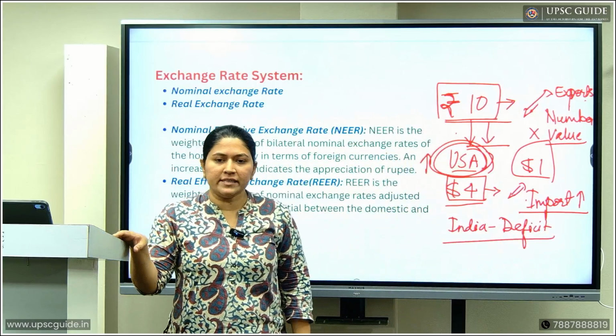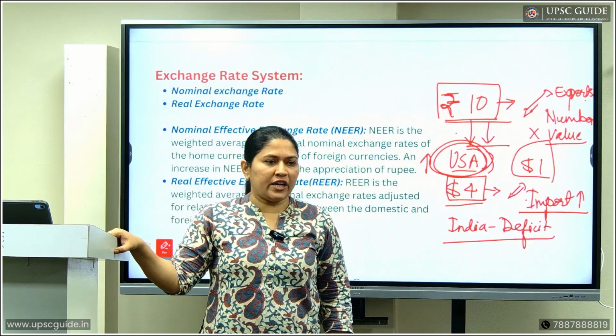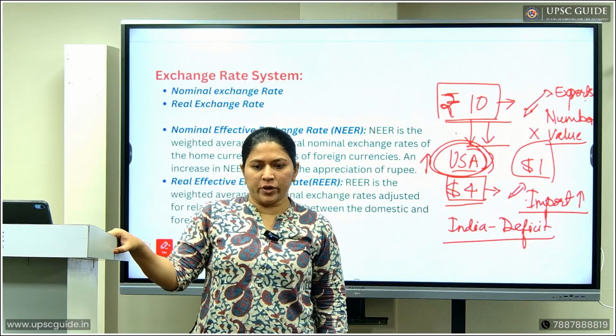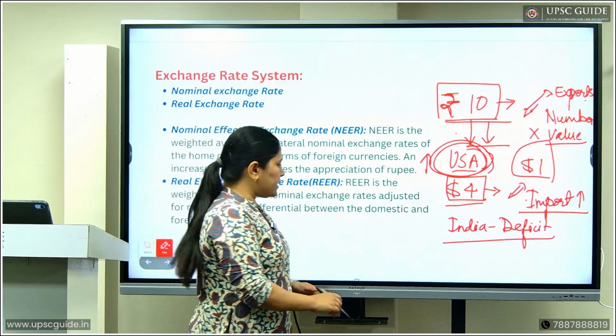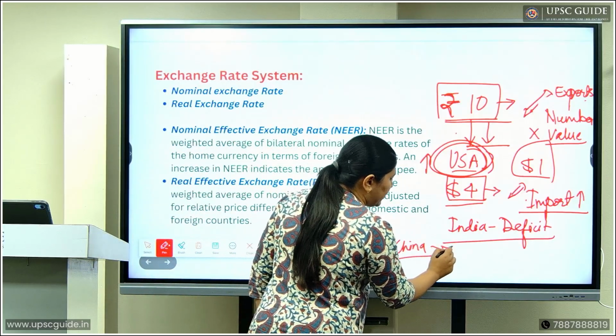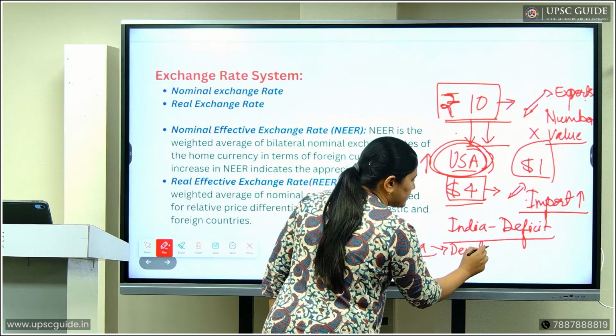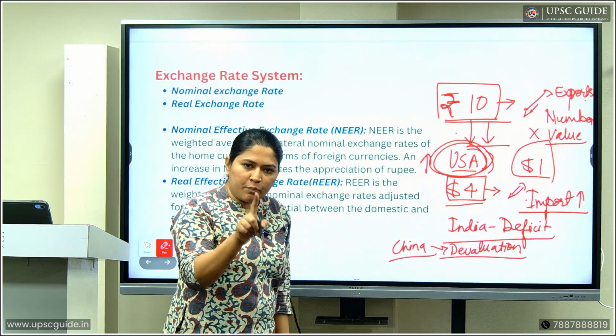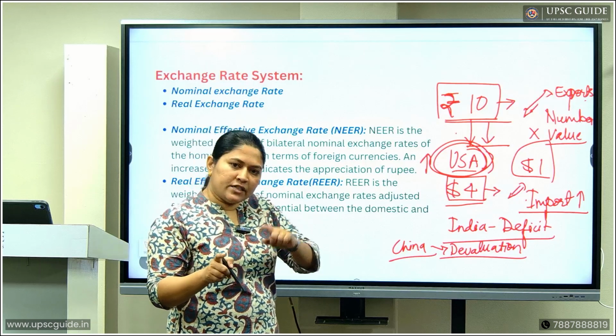Now if you see the recent example of China versus US, the trade tariffs which were put down by USA on China were due to this devaluation of currency. Now, if we see, China had purposely devalued its yuan currency.